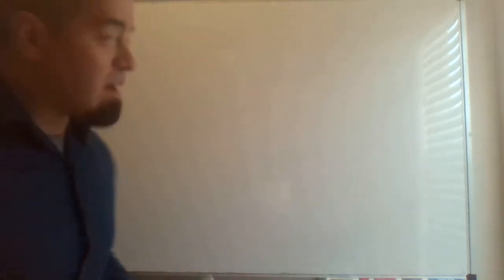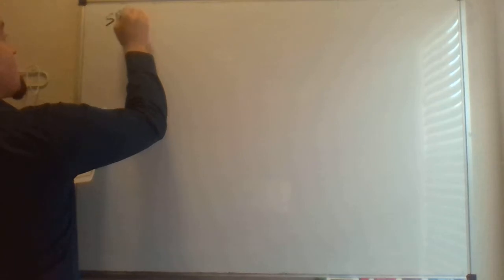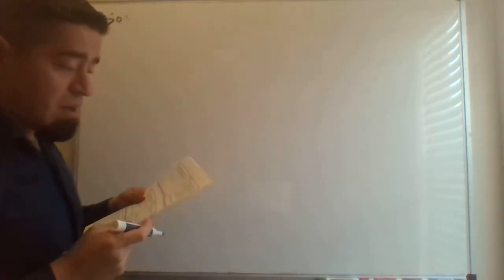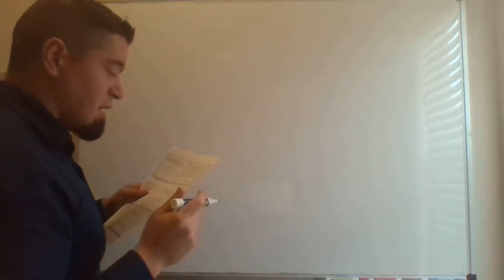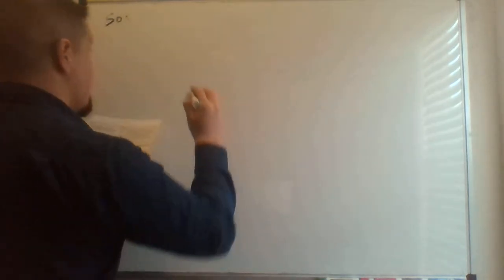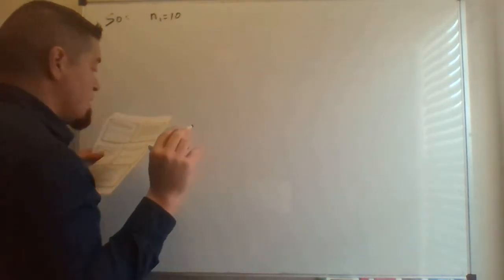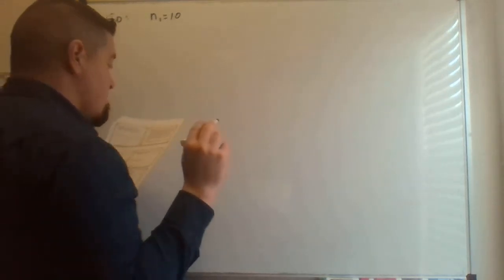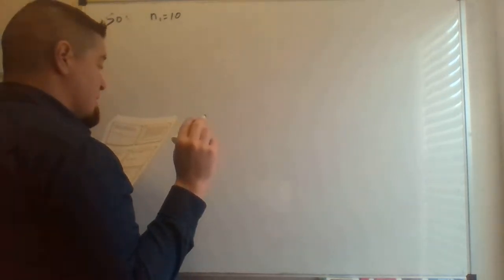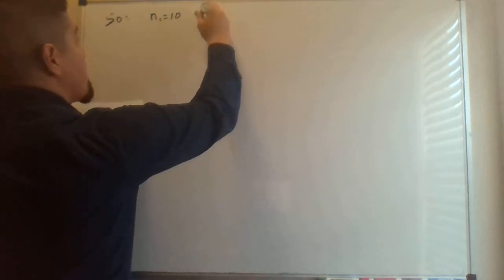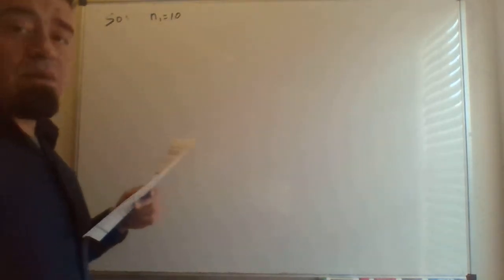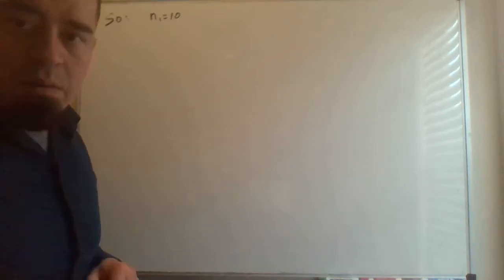So I like to start with step 0 in the hypothesis testing. And my step 0 is, what do they give us in the problem? So as far as I can see, they give us a random sample of 10 male infants. I'm going to call that n1 is 10. They also give us a mean of 7 pounds 11 ounces, which we probably want to convert to ounces.